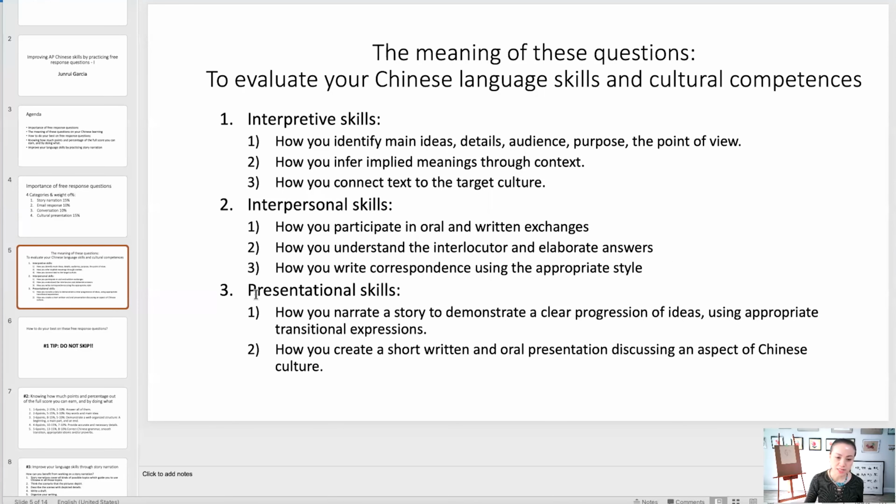And on the presentational skills, they want to evaluate how you narrate a story to demonstrate a clear progression of ideas using appropriate transitional expressions. On the cultural presentation, they want to know how you create a short written and oral presentation discussing an aspect of Chinese culture. So those are the meaning of free response questions in the AP Chinese exam.